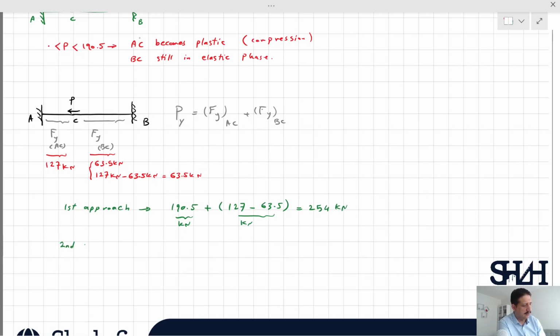Second approach, Py will be Fy AC plus Fy BC, which is 127 kilonewton plus 127 kilonewton, will be 254 kilonewton. So now the question is, how can we sketch and what would be the deformation at point C at this level.